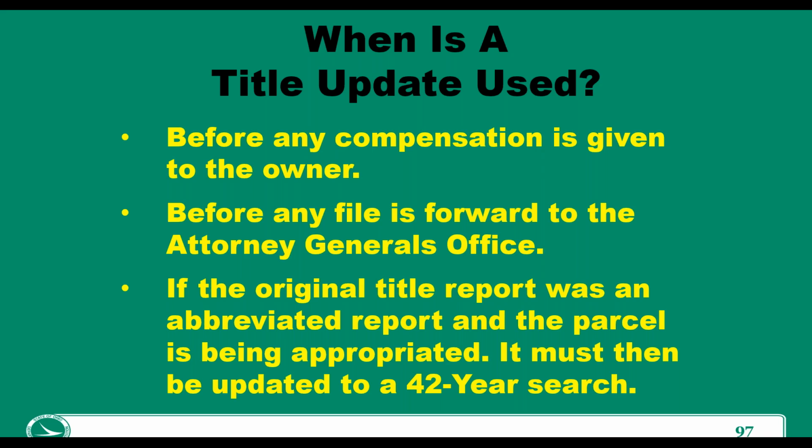Technically it's not going to be an update, but you are updating all the information and putting it into a 42-year search so that the Attorney Generals know exactly what they need to know, who to name in the suit and all that good stuff.